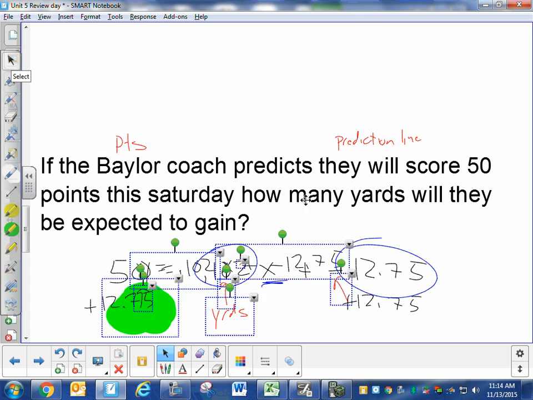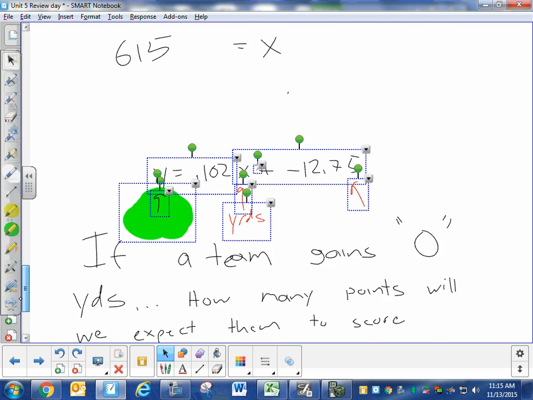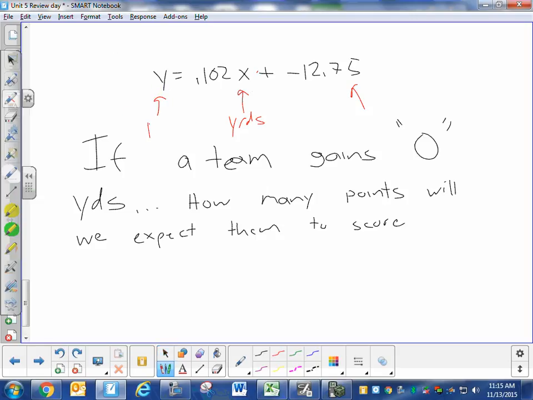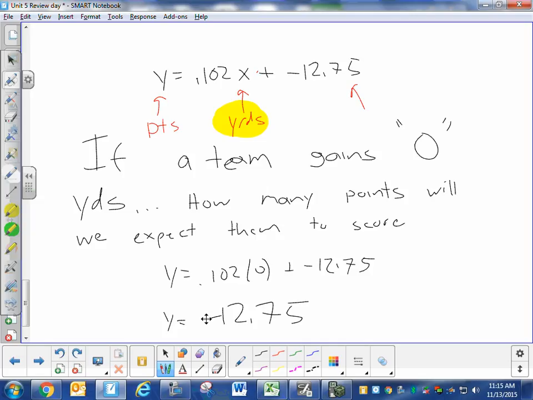Well, let me just use that. If the team gains 0 yards, y equals 0.102 times 0 plus negative 12.75. How many points can we expect that team to score? Negative 12.75. Does that make sense?